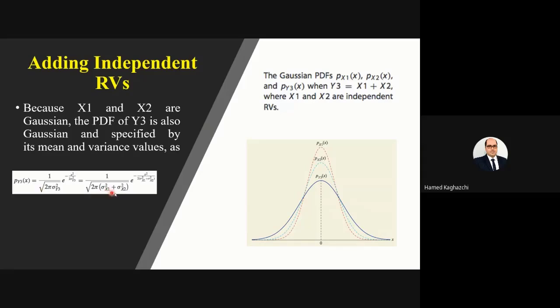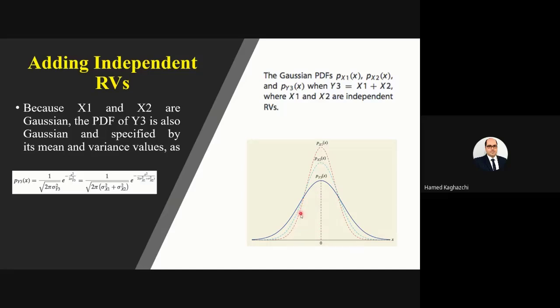If I substitute the standard deviation and variance of y3 into the Gaussian function, I can find this y3 PDF. As you see here, again, my mean value does not change.